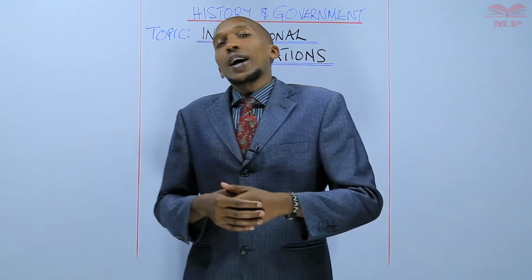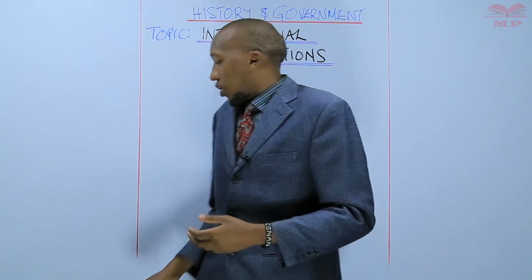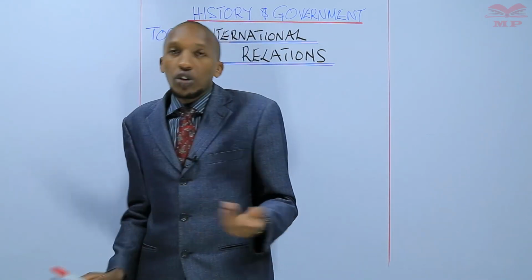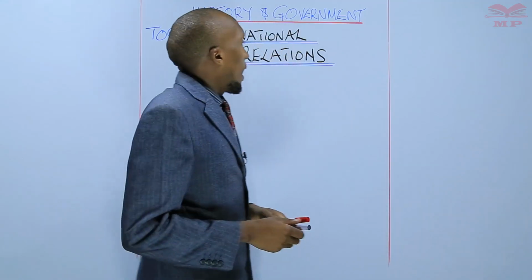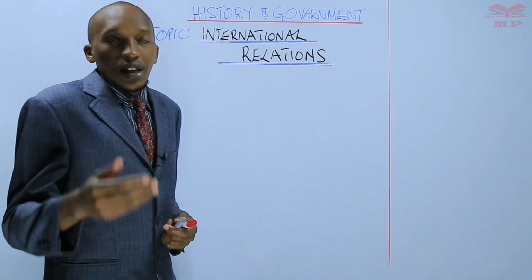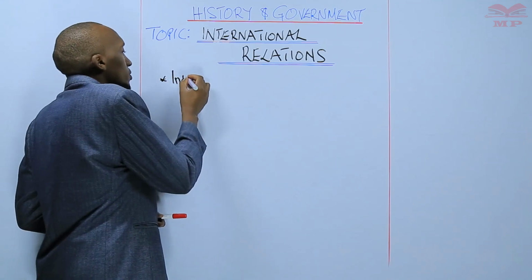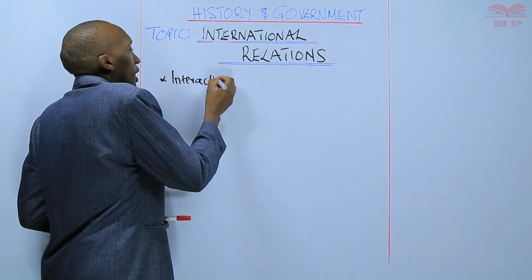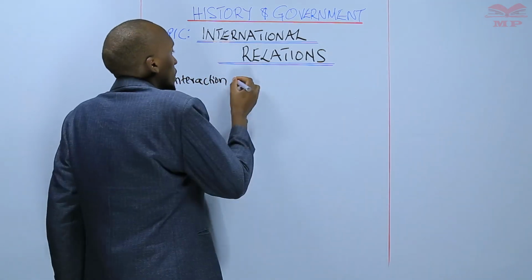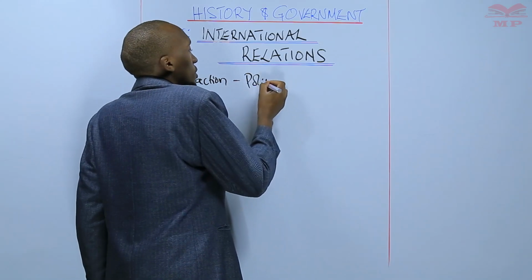We started by learning the different methods in which the countries of the world interact. We said there are different kinds of interaction. There is political relations.